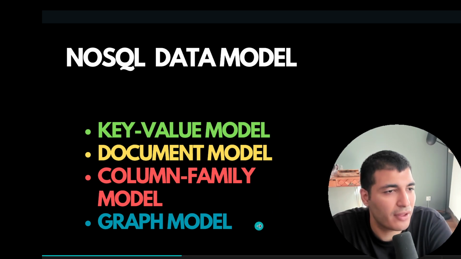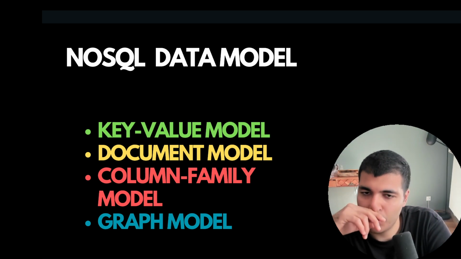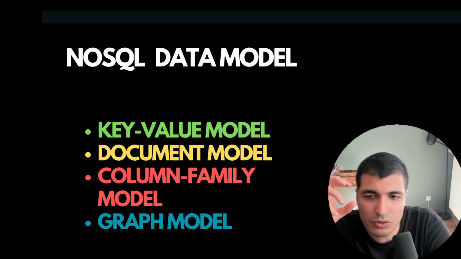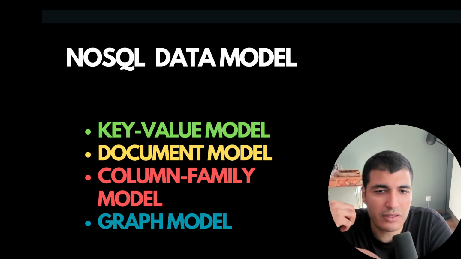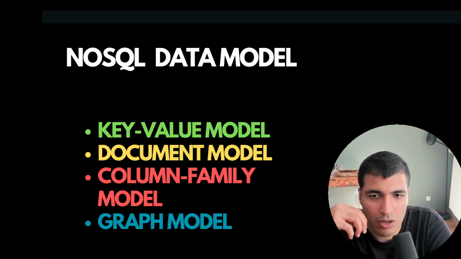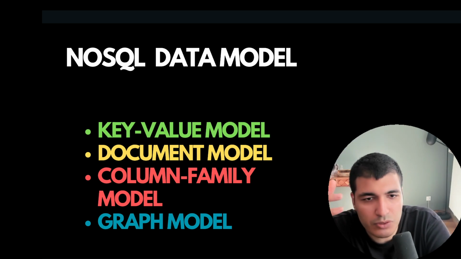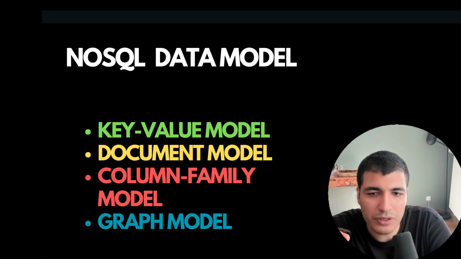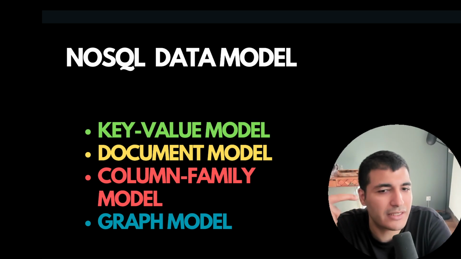Lastly, we have the graph model. Graph databases like Neo4j, for example, are all about relationships. Data is stored as nodes, which are entities, and edges, which are the connections between them, and properties as well, which is the information about the nodes and the edges. This model excels at querying and analyzing highly interconnected data.